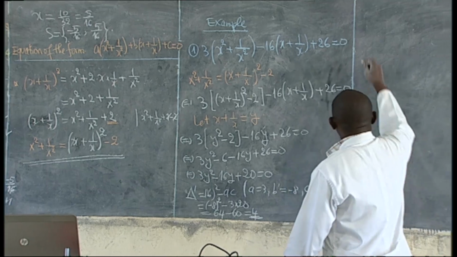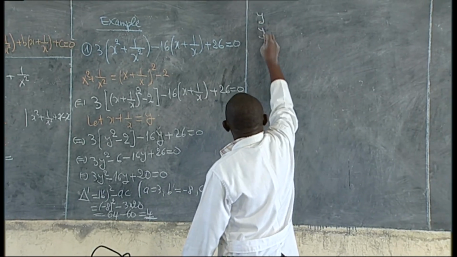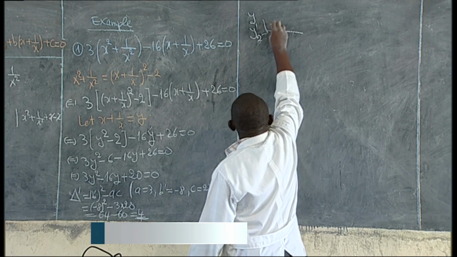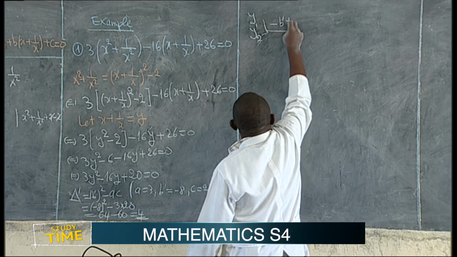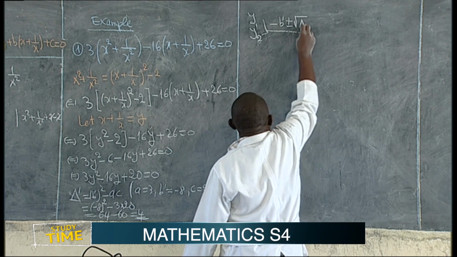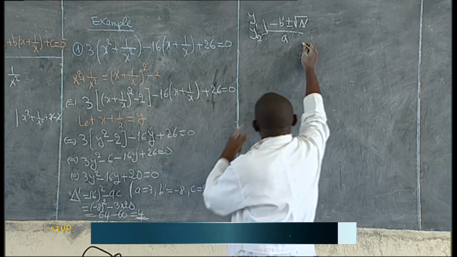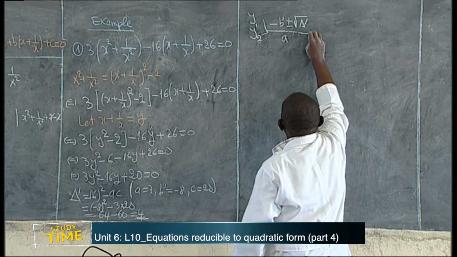Then y1 and y2 are given by negative b dash plus or minus square root of the reduced discriminant, divided by a, not 2a, because this is the reduced discriminant.